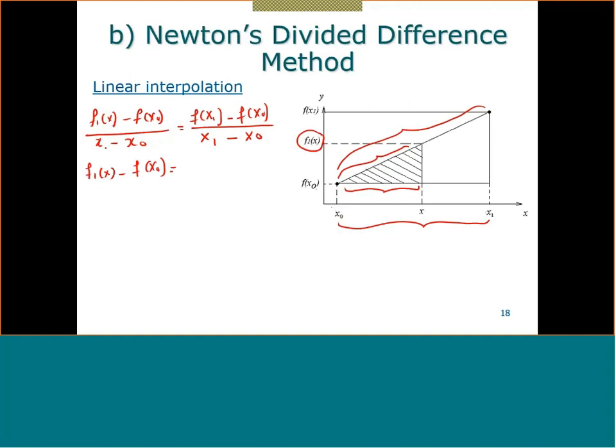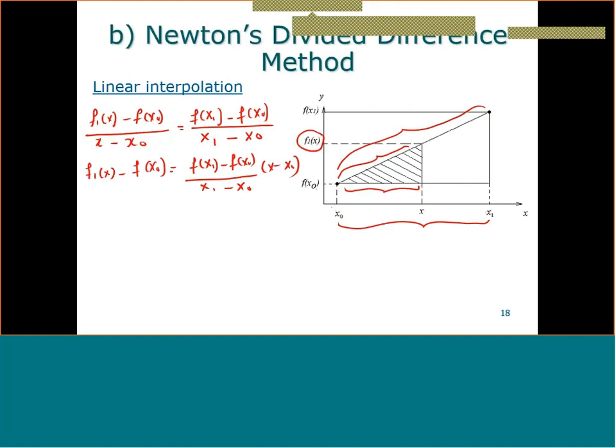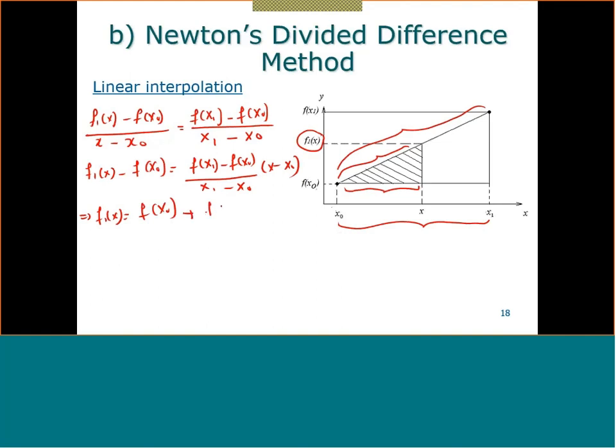So this becomes equal to f of x1 minus f of x0 divided by x1 minus x0 times x minus x0. Then from this, f1 of x will equal f of x0 plus f of x1 minus f of x0, divided by x1 minus x0 times x minus x0.